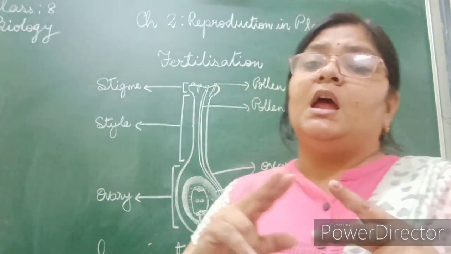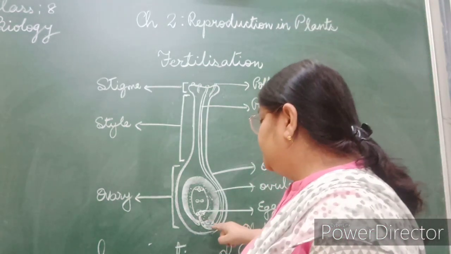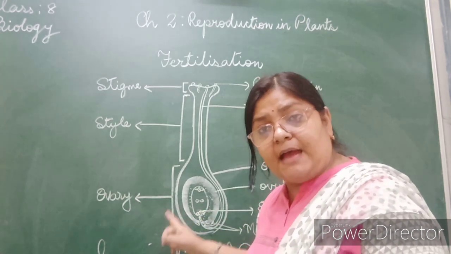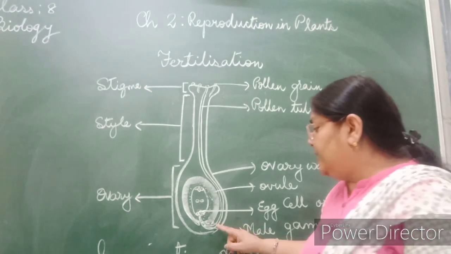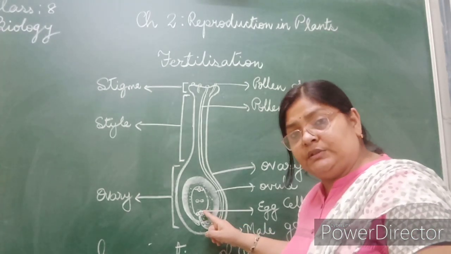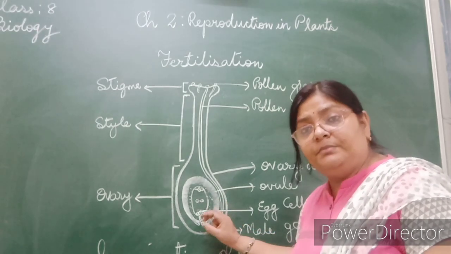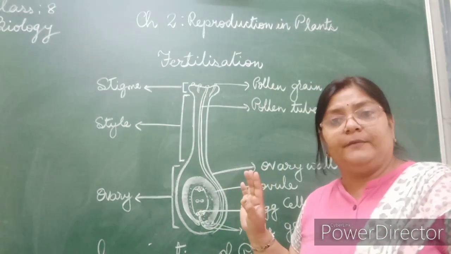Now the male gamete nuclei enter the embryo sac through the micropyle, and when the pollen tube reaches the embryo sac, it ruptures and the male gametes are liberated inside.